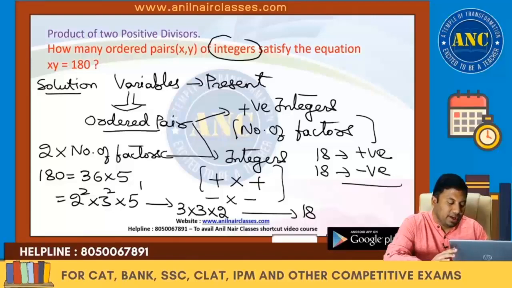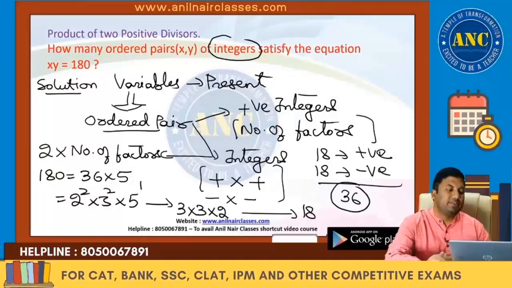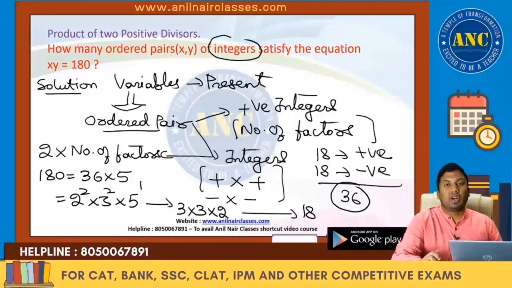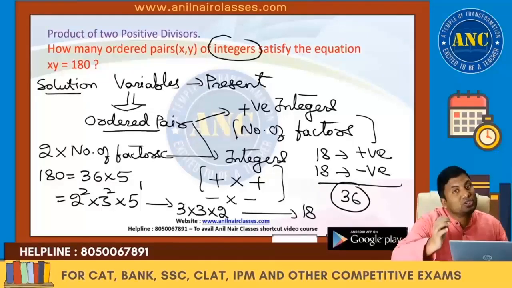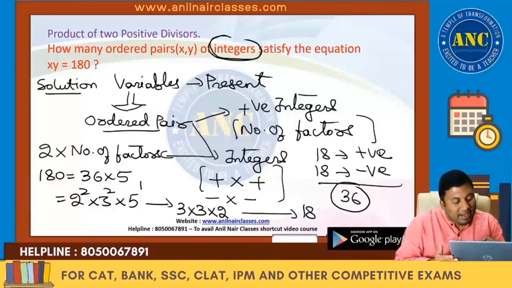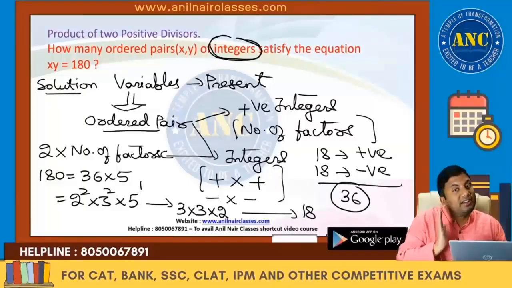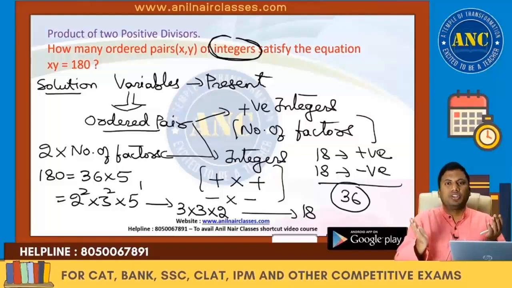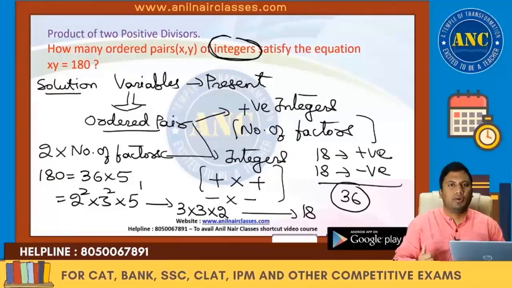Total I will get 36 for this answer. Why is it not the number of factors? Why is it 2 times the number of factors? Because the question is asking for integers. It is not asking for positive integers. If it were positive, both numbers positive, we would have got it. But it is asking for integers.